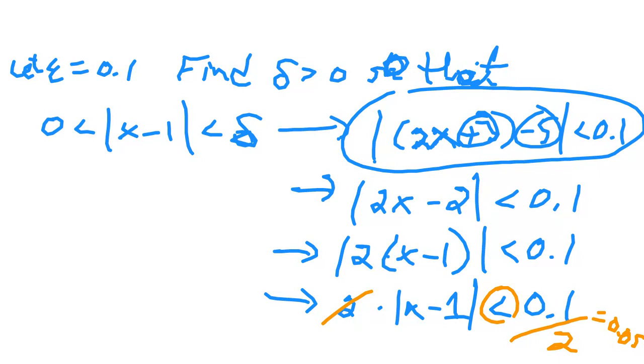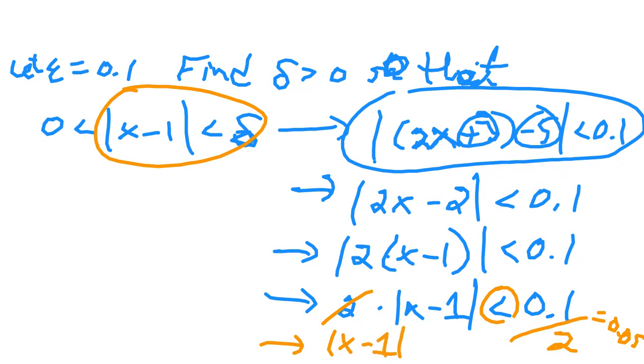But notice I have absolute value of x minus 1, I need to be less than delta. And on the left here, what do I got? I've got the absolute value of x minus 1 is less than 0.05. So that's what I get over here on the right side. So what do you think I want to let delta equal?